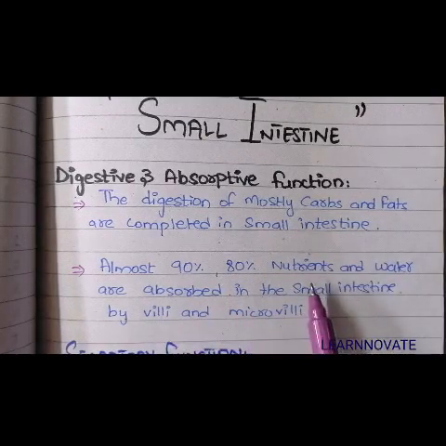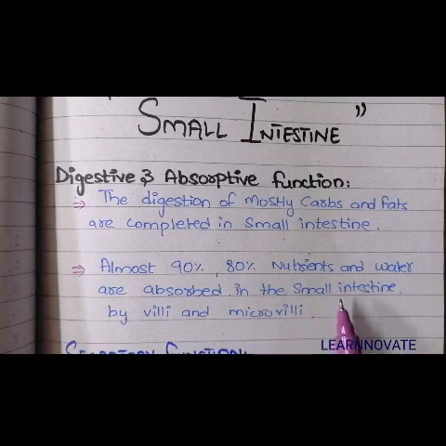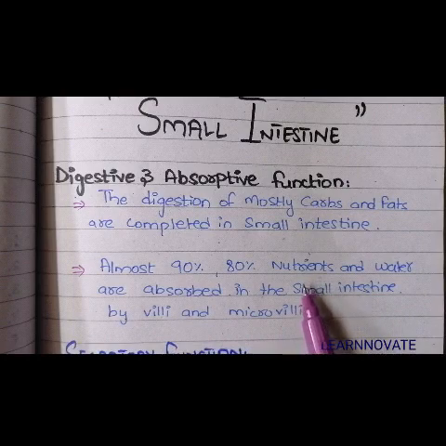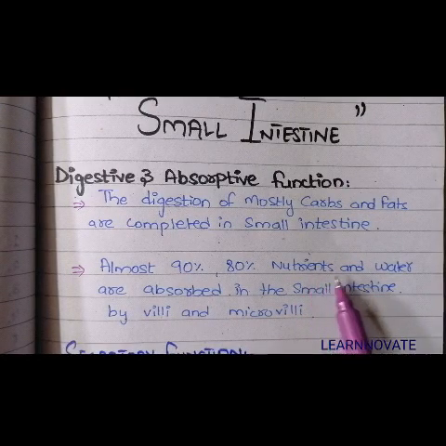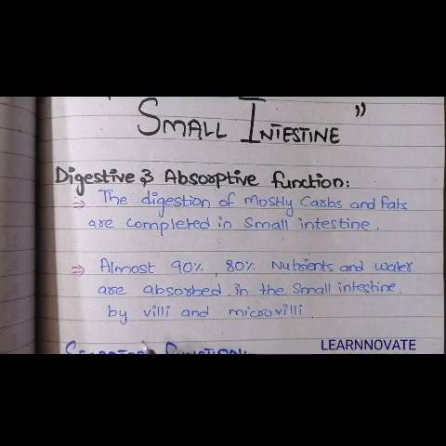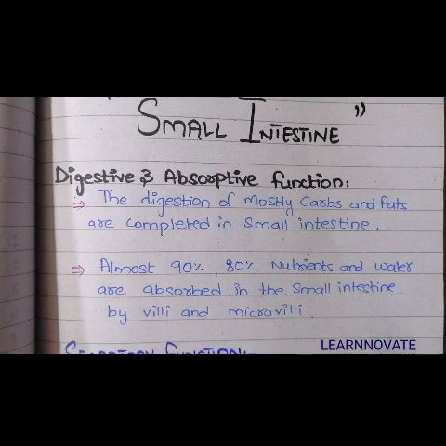Almost 80 to 90% of the nutrients and water are absorbed in the small intestine by the villi and the microvilli. The nutrients include sodium, potassium, vitamins and minerals. They are all absorbed, and a large amount of water is absorbed in the small intestine due to the presence of finger-like villi with smaller projections that we call microvilli.